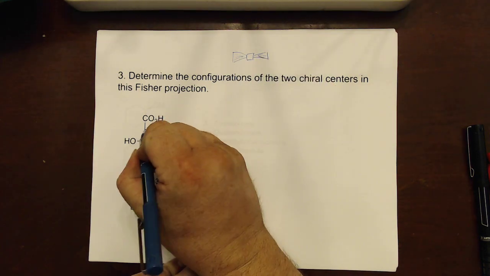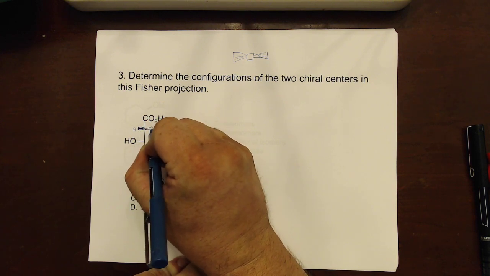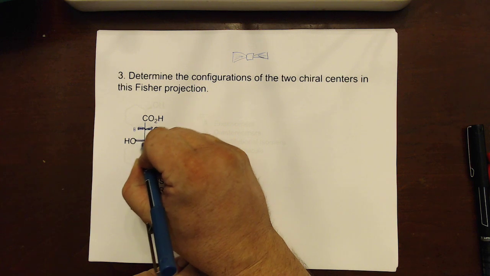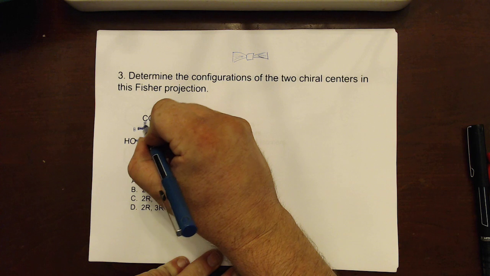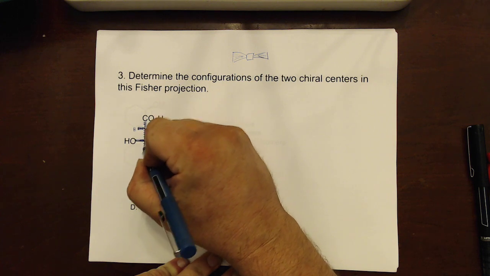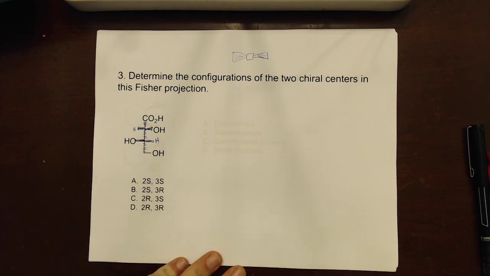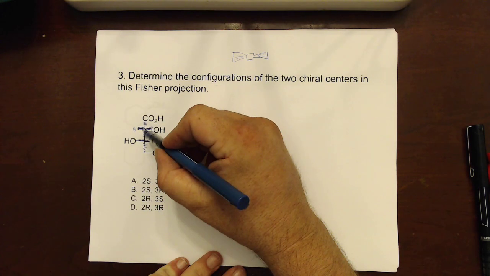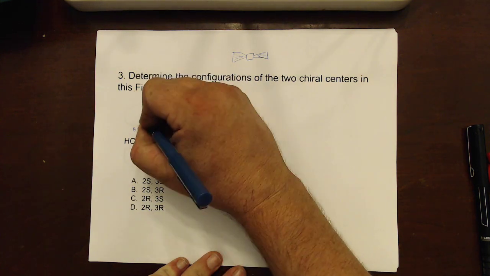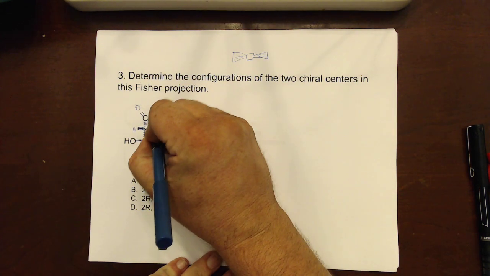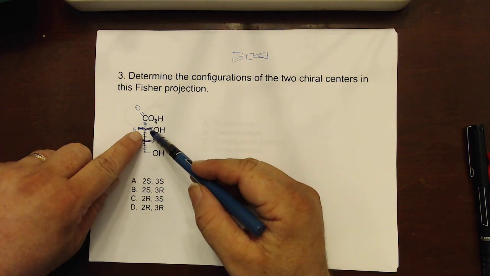What that means is the horizontal is on a wedge like this, and if it's on a vertical, it's going behind. You can see the bow tie right here. Now this CO2H, remember that is a C double bond O going to an OH like that. It's a carboxylic acid.